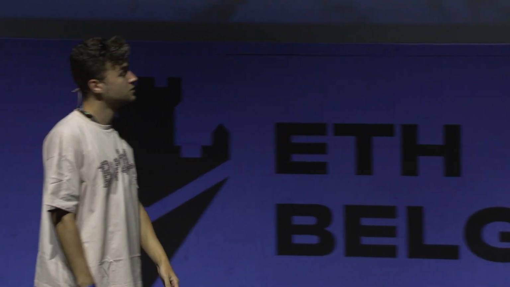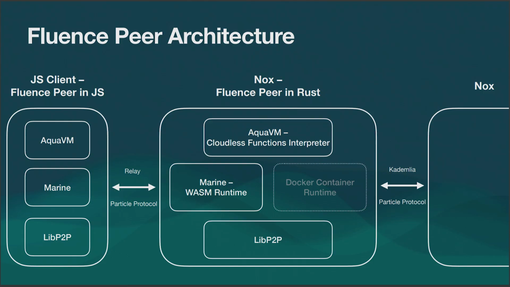So the Fluence peer architecture is like that. You see there are two implementations here. The first one is the Rust implementation. That's the peer that's meant to be run on server hardware. It contains the Cloudless Functions interpreter, it contains the WebAssembly runtime, and it's powered by libp2p. On the left, you can see the JavaScript client. It's meant to be used in browsers, in CLIs, or in any front-end software.